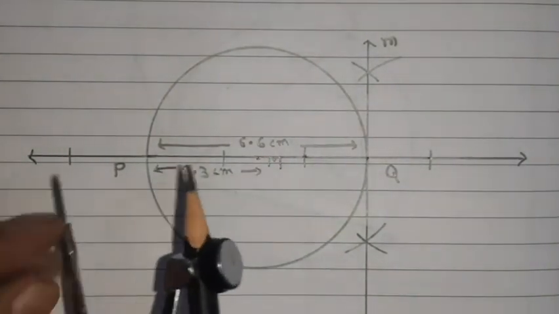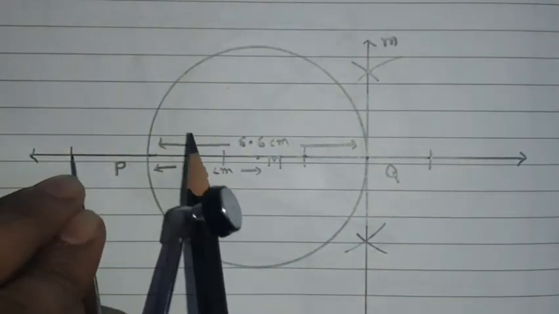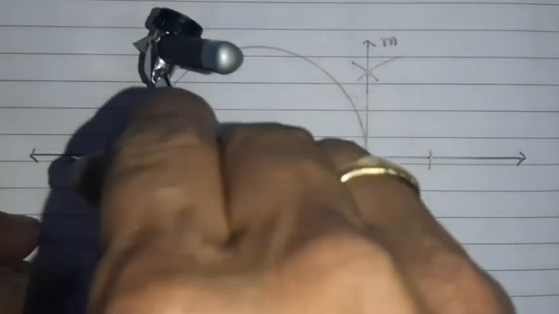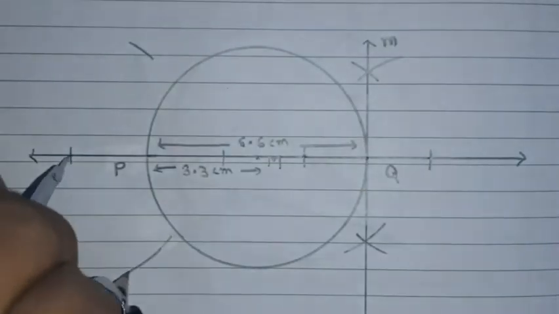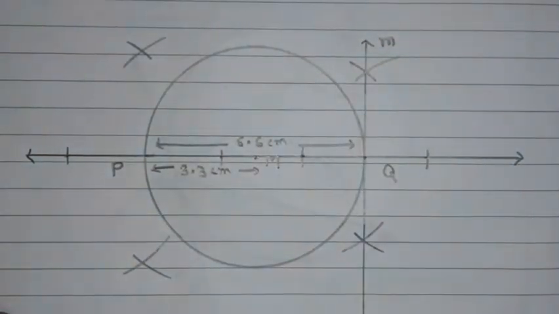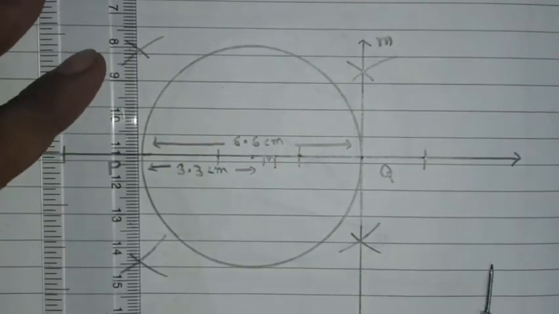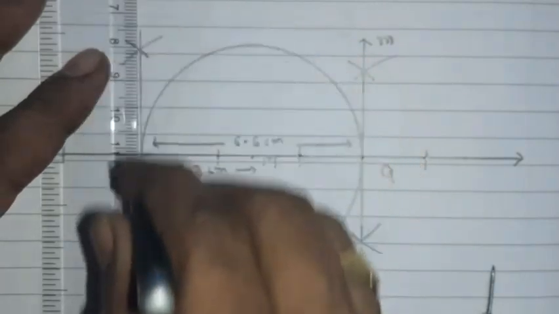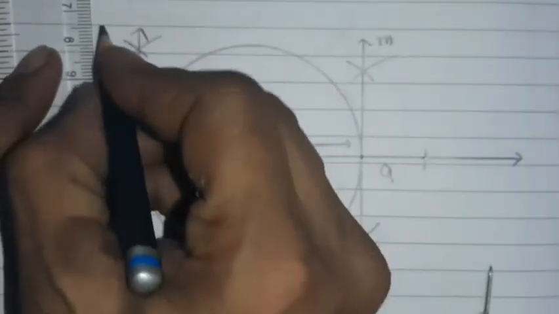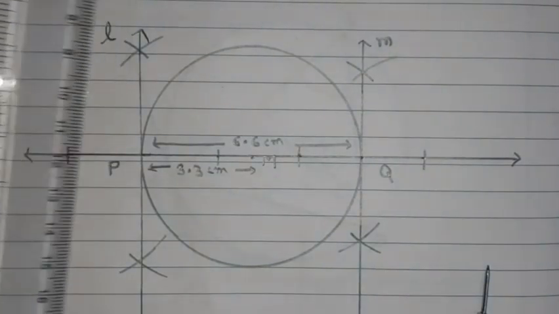Now put the metal point on this arc, take a distance more than half and make one arc here, another arc here. Put the metal point on another point, make the intersecting arc like this. And dear student, join this. This is the line L. Make the arrow at both ends.